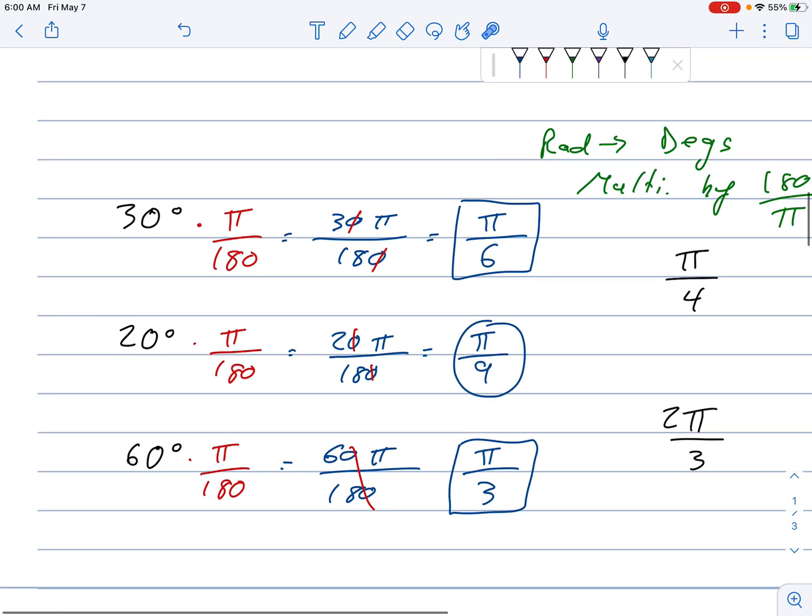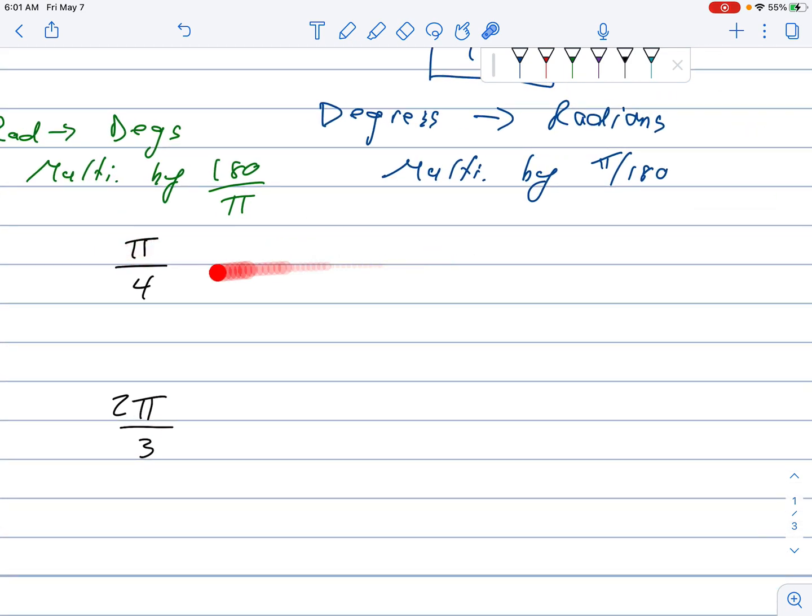So when you're going from degrees to radians, you want the pi on top. When you're going from radians to degrees, we want the pi to go away, so we want a pi down here. And then the 180 is up there. A lot of times we mix up, well, what is it over? So it's 180 over pi when going from radians to degrees, because I don't want the radians anymore.